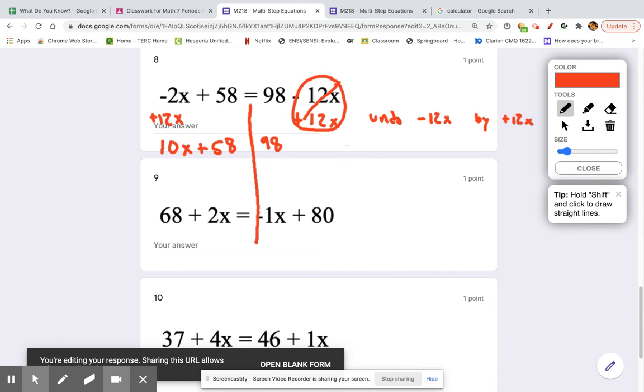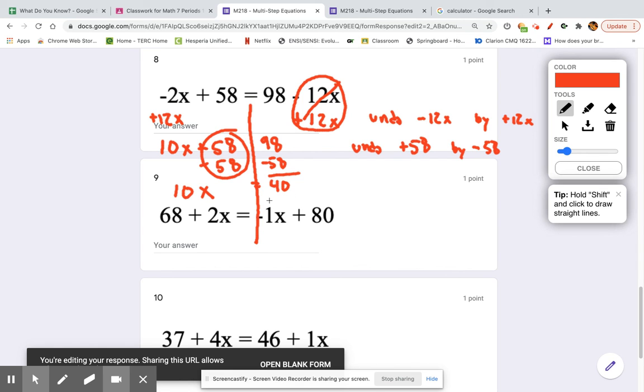So let's go ahead and get rid of the adding 58. So we're going to undo adding 58 by subtracting 58 from both sides. So by doing that, we get rid of this 58 on this side, and 98 minus 58, well, 8 minus 8 is 0, 9 minus 5 is 4, so we have 40. So we end up with 10x equals 40.